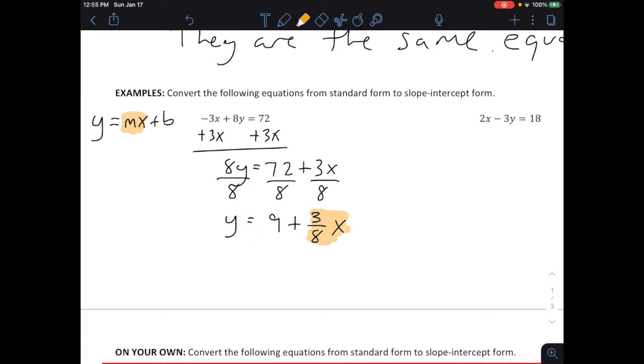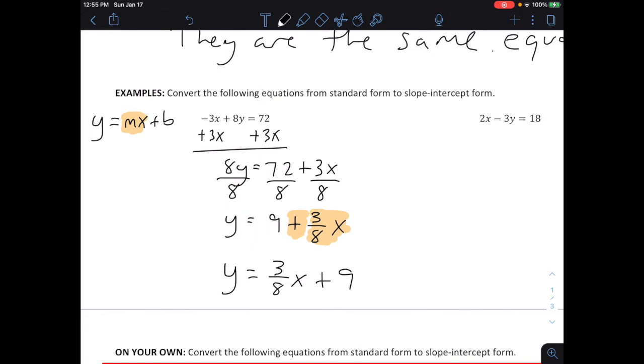So all we have to do is move the x term and that plus sign. But in this case, I'm not going to write the plus sign because we never write the plus sign before things that are positive. We just assume that they're positive. So I'm just going to switch the order of the two things on the right-hand side. So y equals 3 over 8x plus 9.